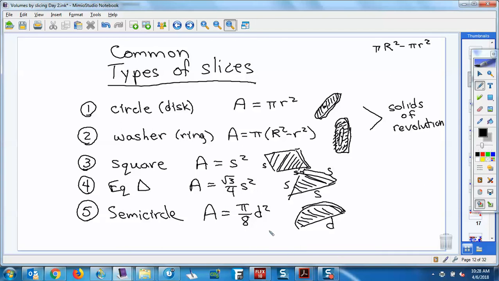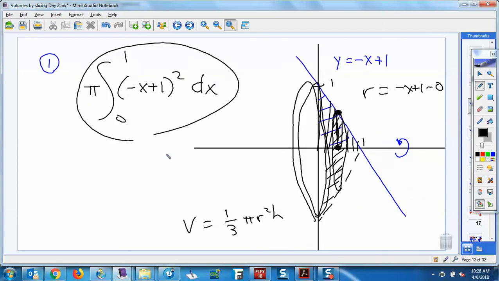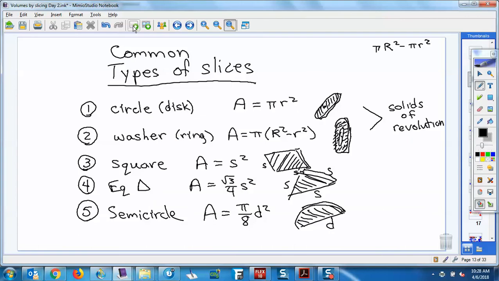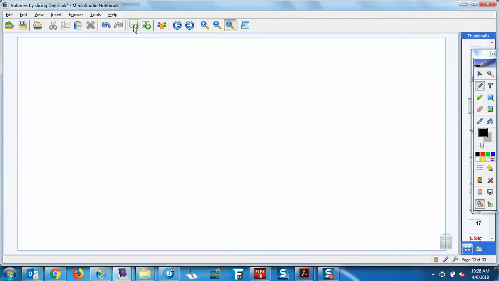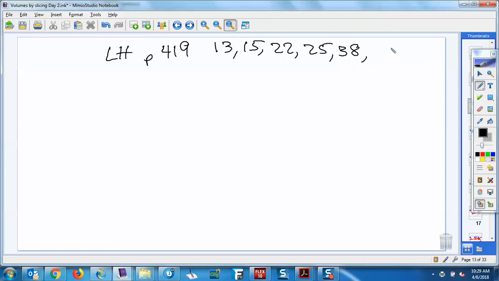Okay, for your homework, let's take a look at your assignment sheet here. There's the line that says LH, page 419. It says 13, that's got a star by it. I don't really remember why I have a star by it. I know it's got multiple parts, so that might be why, but so does 15, so I'm not sure.